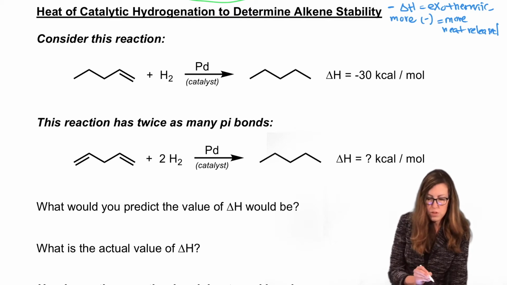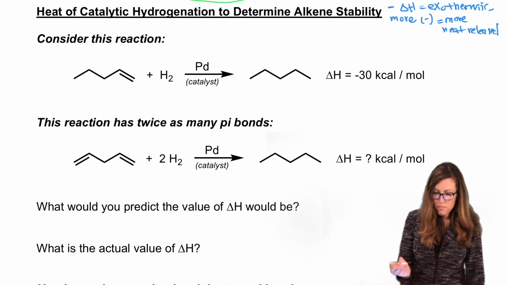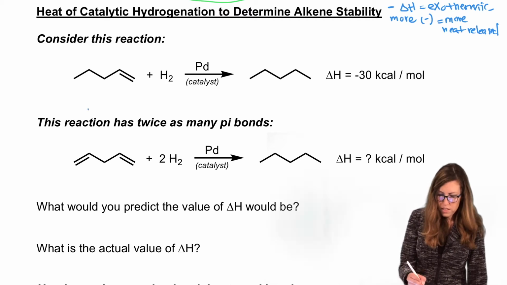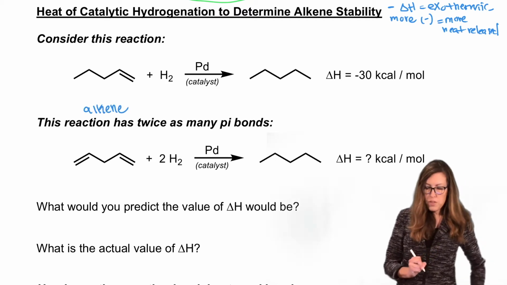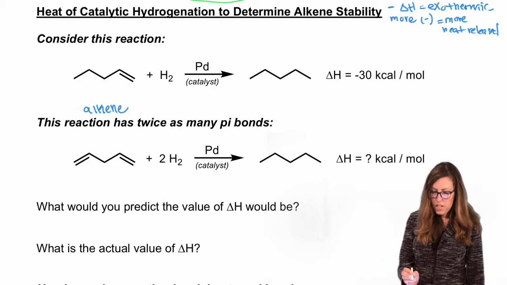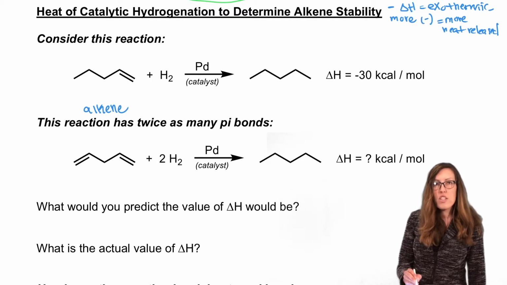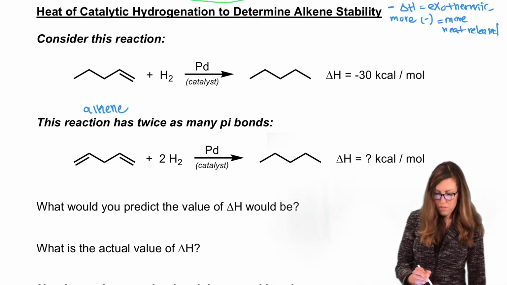So first we're going to use hydrogenation as our comparison. We're going to start with a single alkene, so it's not a diene, and then we'll compare it to a diene. If you take this alkene and you add H2 to it, this is also a good review for a common reaction.